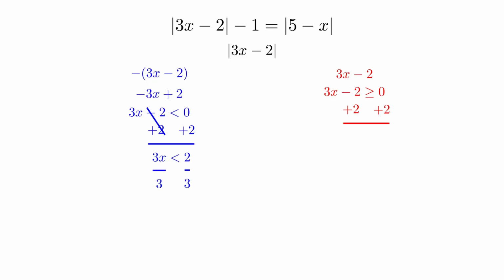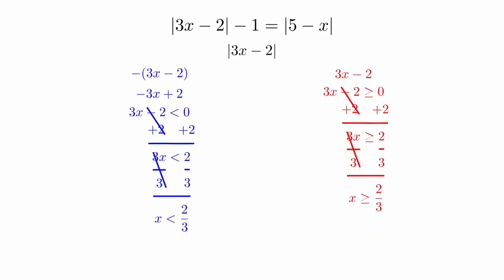You'll solve for x for both. For both of them, you'll add 2 on both sides and divide by 3. For one inequality, we'll have x less than 2/3, and for the other, x greater than or equal to 2/3. So we can split out the absolute value of 3x minus 2 to be equal to negative 3x plus 2 where x is less than 2/3, and 3x minus 2 where x is greater than or equal to 2/3.